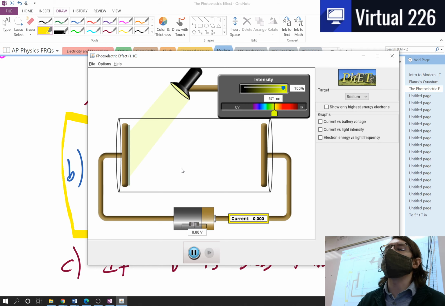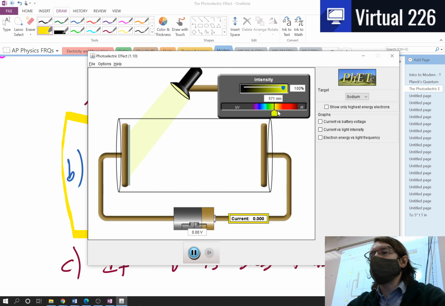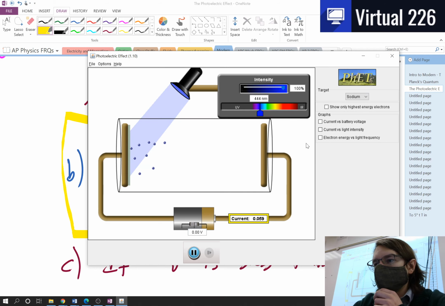It wasn't until years later that they were actually starting to be able to prove some of the ideas of specific and general relativity. Even today, we're still running experiments to continue to prove Einstein's idea of relativity is correct. So this is the photoelectric effect here, just like that.